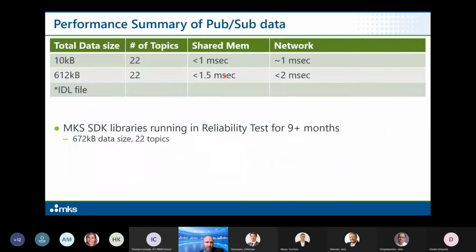So shared memory is going to be 1.5 milliseconds, and then across the network to a second device, it's going to pull data from one device and push it across the network to a second device. For both smaller data sizes and much larger data sizes, we get some pretty good performance. And that is a combination of the use of DDS as well as the hardware device that we're using.